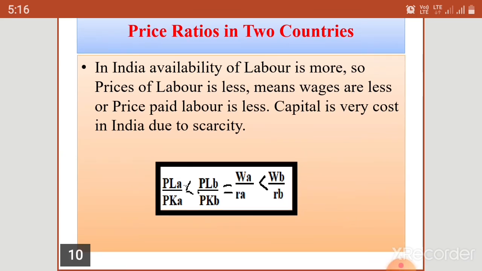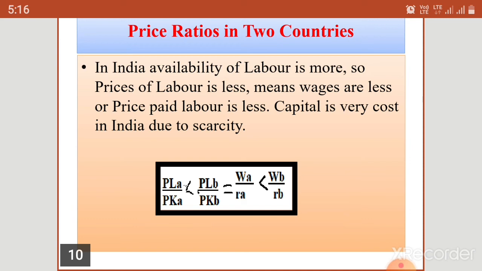So in this image, the price of labor in A country is less than the price of labor in B country, and also wages in A country are less than the wages in B country. This slide shows the price ratios in the two countries, how the prices prevail in both countries for labor and capital.